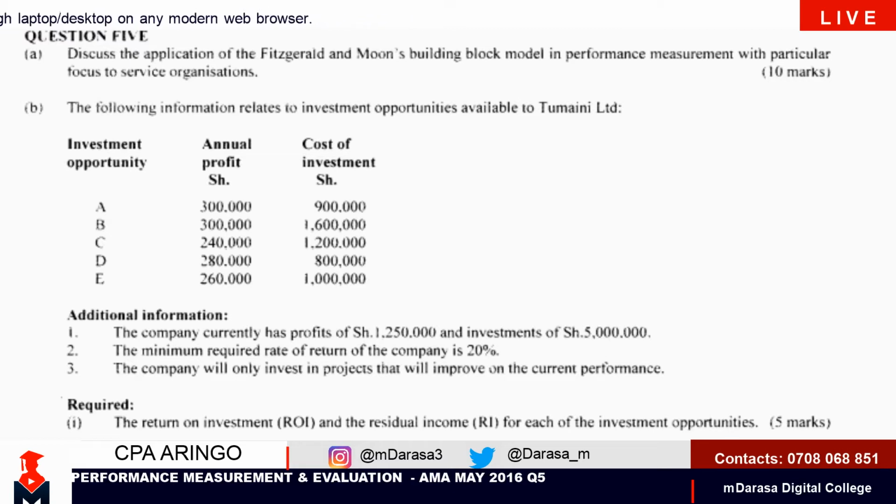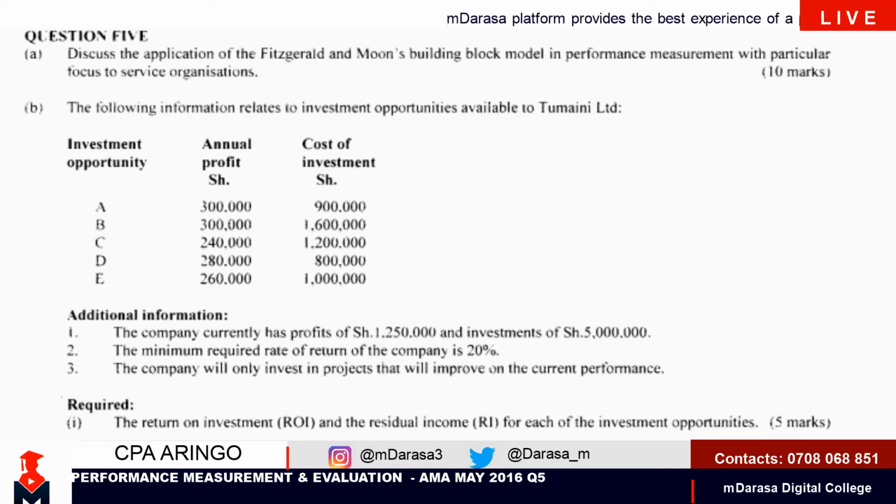Project B, we are going to take 300,000 and divide by 1.6, all multiplied by 100. Project C, we have 240,000, and we divide by 1.2 times 100.